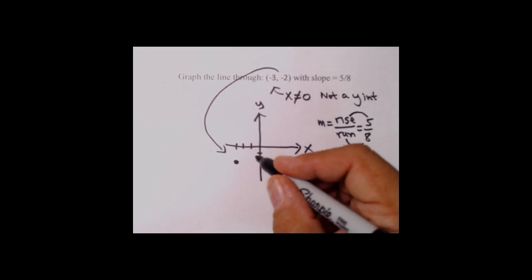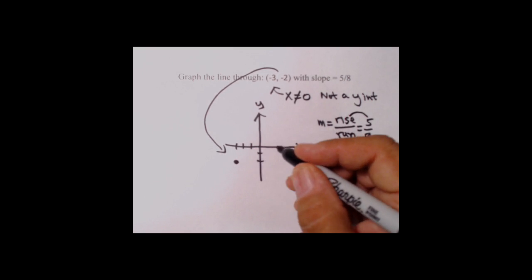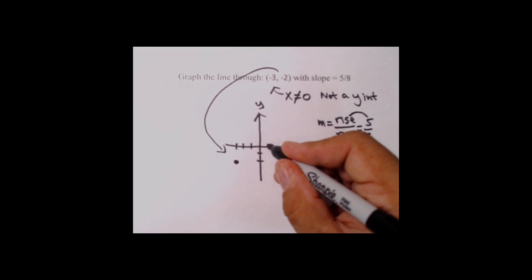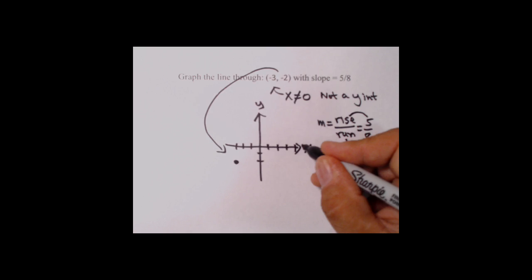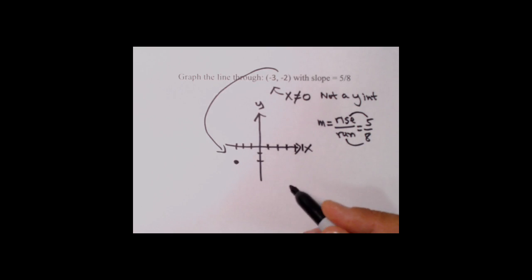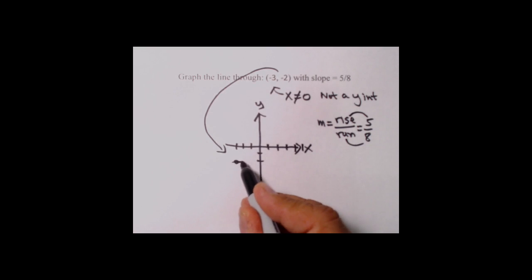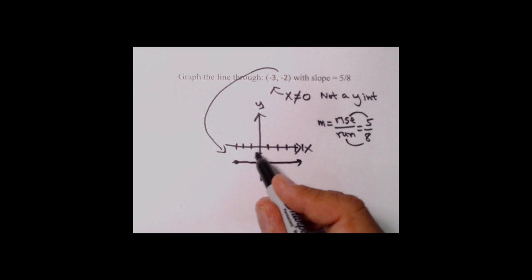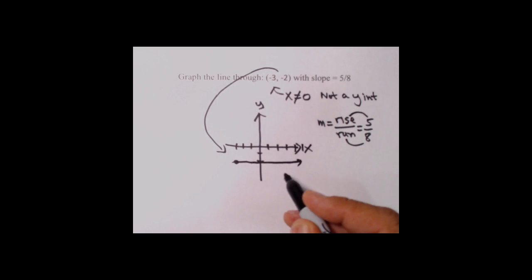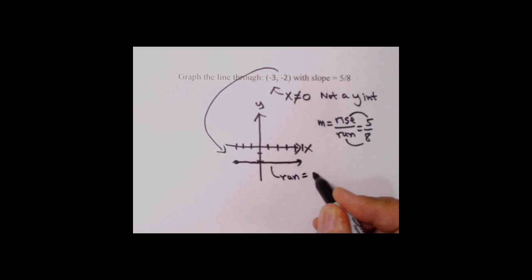So we're going to run 8. Both these guys are positive. Now, 1, 2, 3 will get me back here. I'm going to need 5. 1, 2, 3, 4, 5 will be about here. So running to the right, to get our total run of 8, I had 3 here plus 5 more, so this is the run, which equals 8.